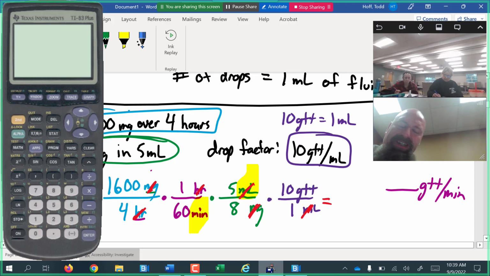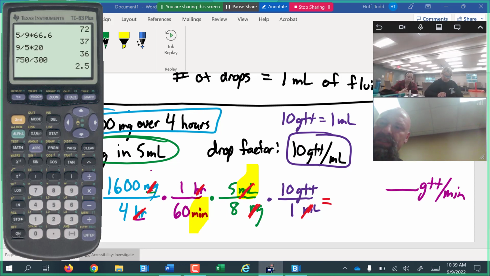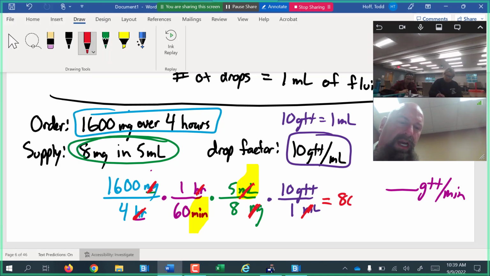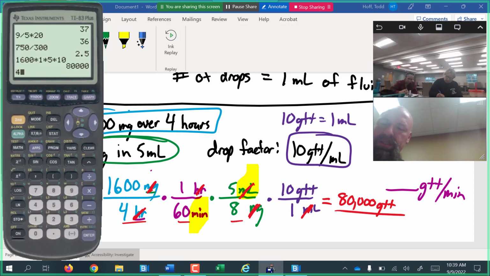On top, we have 1,600 times 1 times 5 times 10, which gives us 80,000 drops. On bottom, 4 times 60 times 8 times 1 gives us 1,920.